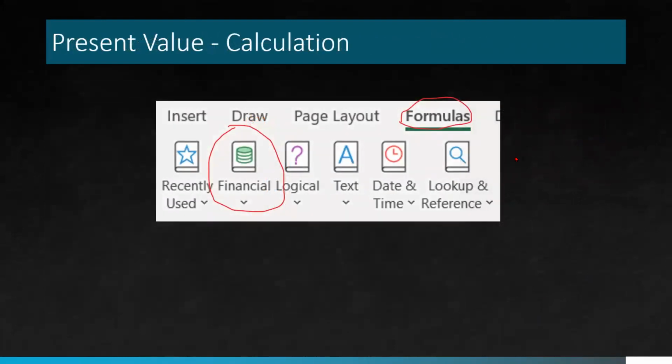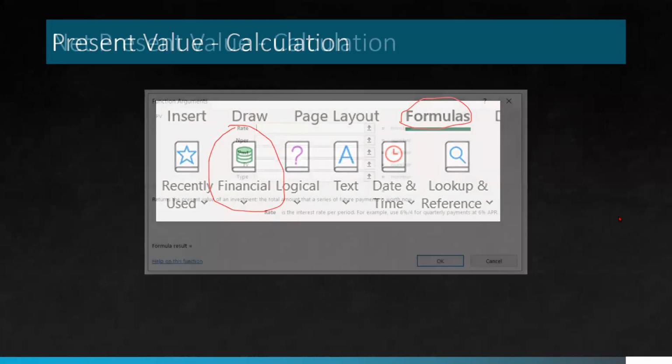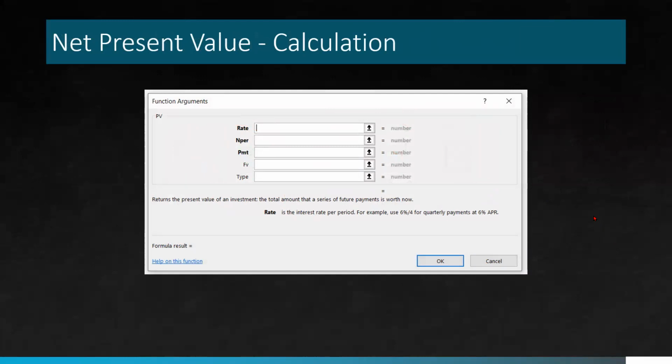So if you go to Excel, you go to the Formulas tab, and you go to Financial, you click on the drop down and there'll be a drop down that says NPV. And first it'll say PV because you first need to calculate the present value. As we stated in the present value lecture, it's going to ask you for the rate, the NPER, and the payment.